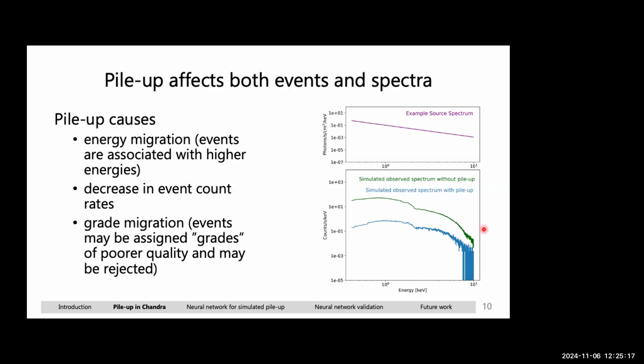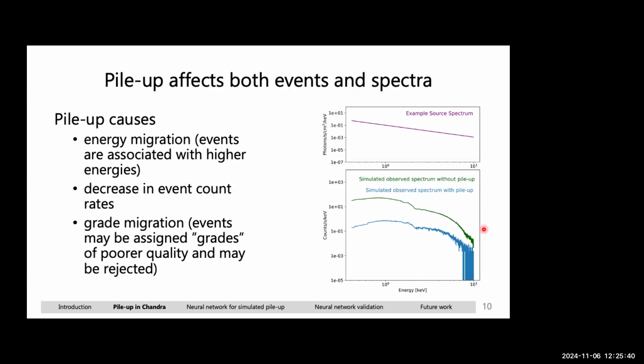Would you agree that in that context you really don't need to solve the spectral problem before you can deal with pileup in the light curve? Or maybe I'm wrong about that, but I think in that case you can sort of ignore it because the spectrum isn't changing.